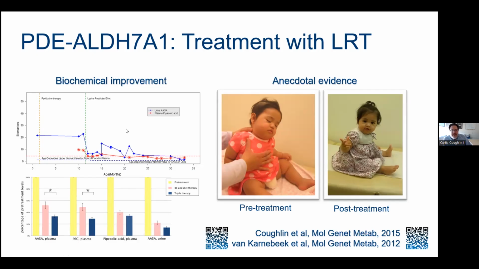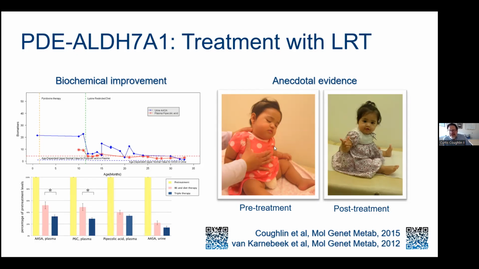You know, patients had a level of AASA, we intervened on their metabolism and their biochemistry improved, and it made us feel better. I sometimes don't know if that's all that we're doing, if we're just improving biochemistry and making us feel better. But what was good is that there was anecdotal evidence in all of the papers that the patients did well.